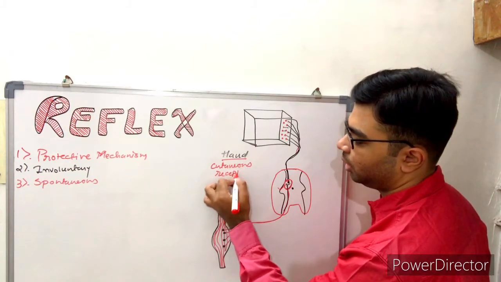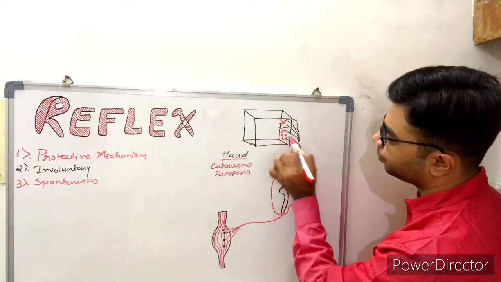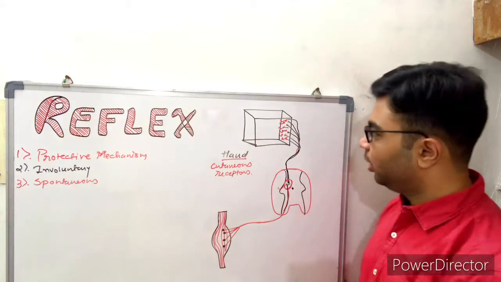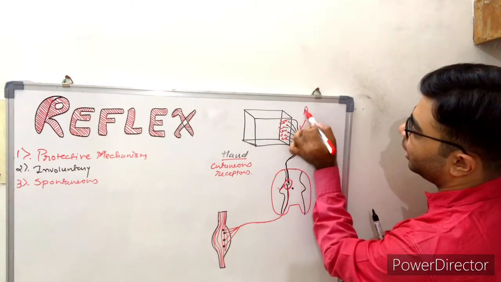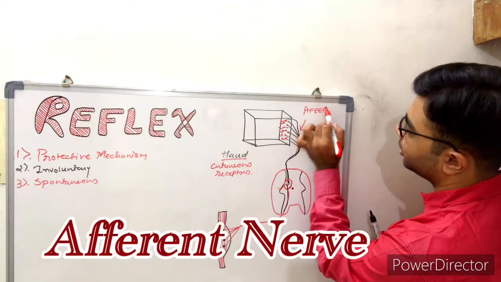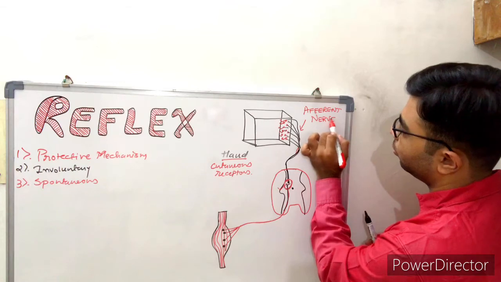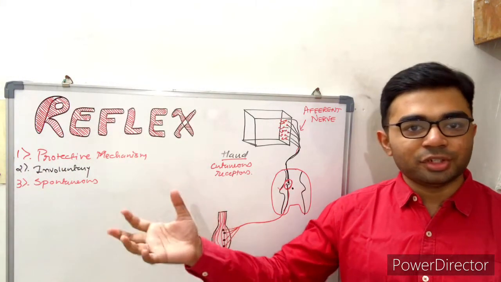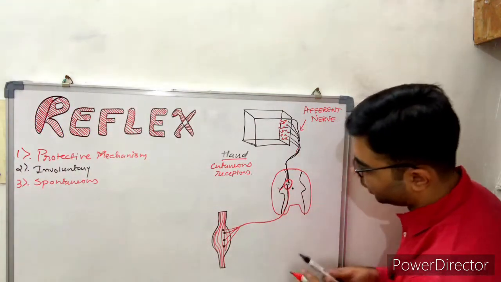In this diagram, these all are the receptors present over the palmar aspect of the hand. From these, the nerve fibers are known as afferent nerve fibers, and the function of the afferent nerve fiber is to carry the sensation from the periphery to the center, which is present in the spinal cord.